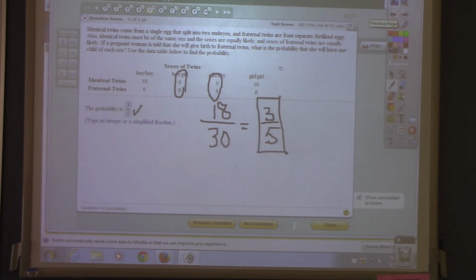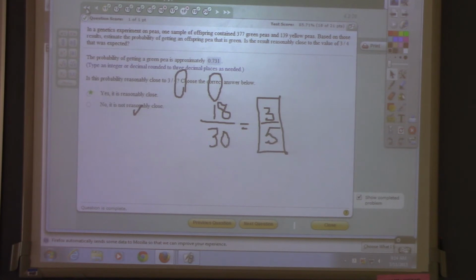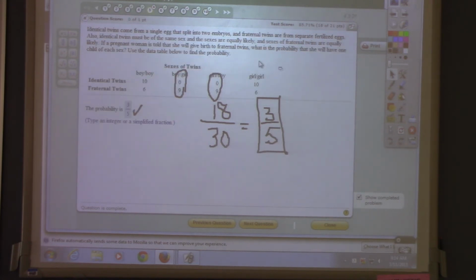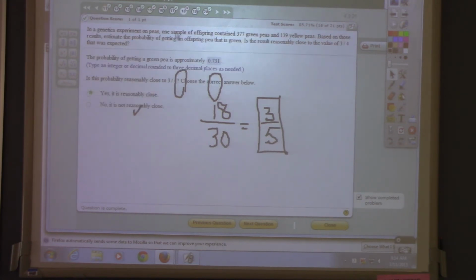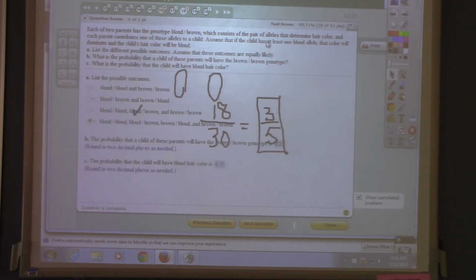So what else did we miss? We missed number 5. Yeah. We missed number 16. Did we get it wrong? Yeah, because you put C. What did you put?